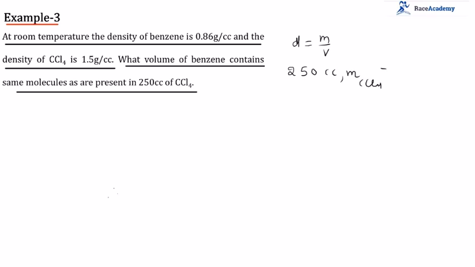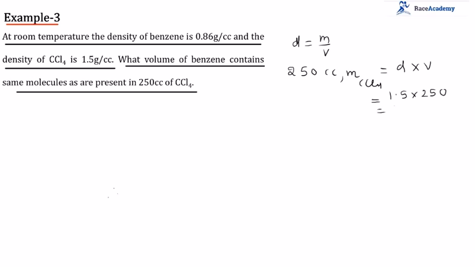From the density formula, mass is density into volume. They have given the density of carbon tetrachloride as 1.5, so 1.5 into the volume of CCl4, which is 250.